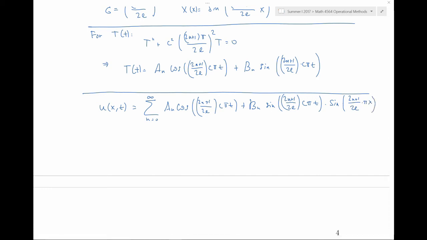And the coefficients a sub n and b sub n are computed just as before. A sub n will have to be now a quarter period sine expansion of the function f of x.